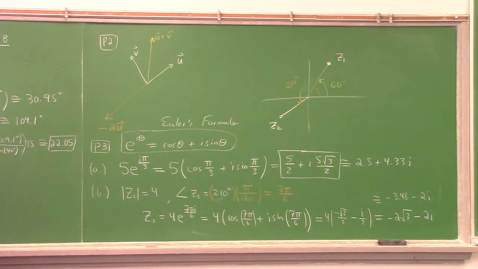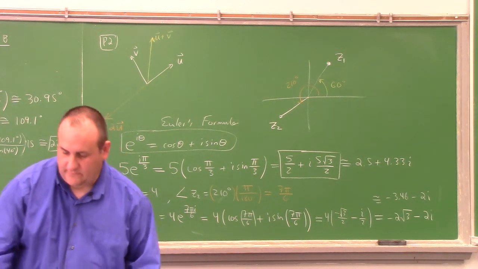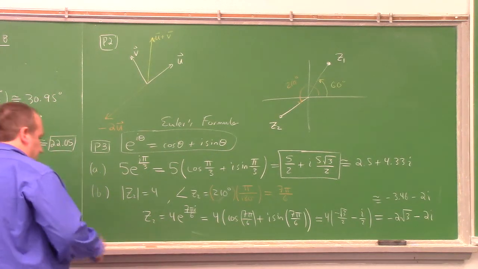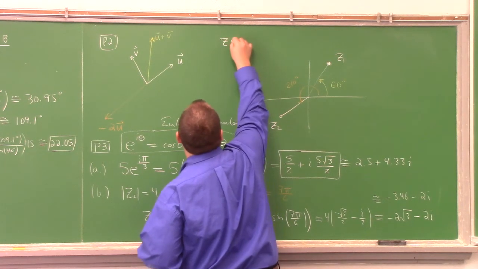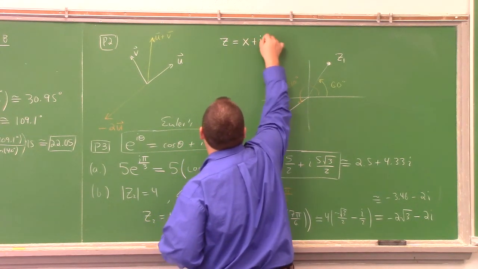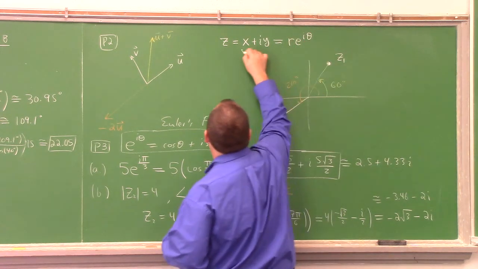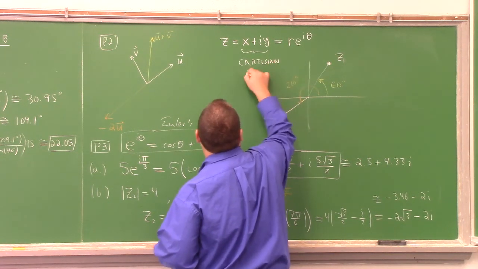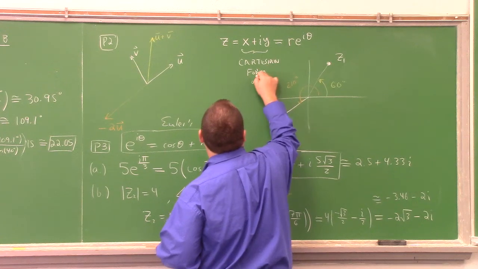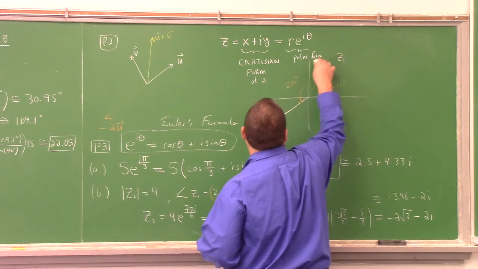Anyway, so there's problem 3. Okay. So the key thing I'm trying to get across here is that we have z. We can write it as x plus iy, or we can write it as r e to the i theta. This is the Cartesian form of z, right? This over here is the polar form of z.